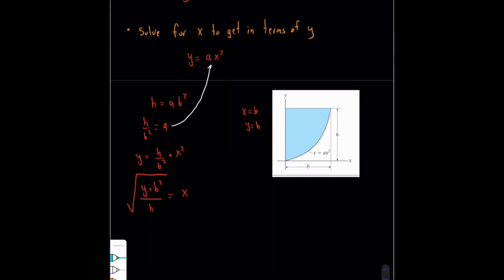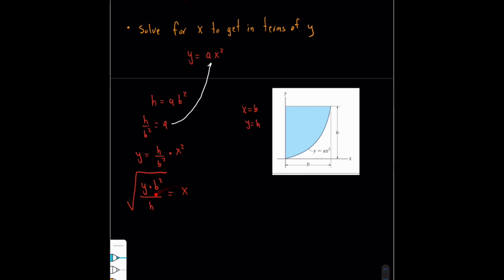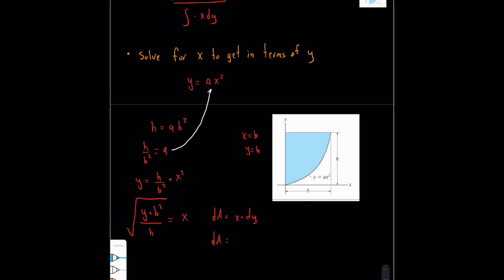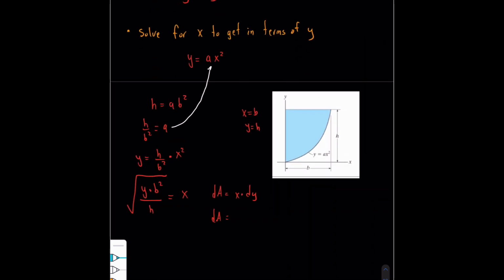Okay, that's nice. So now we have our x right here, and we have our area dA, which is equal to x times dy. So that's going to make this become the square root of y times b squared over h times dy. And I'm going to go ahead and rewrite this so it could be easier to solve once we take the integral.